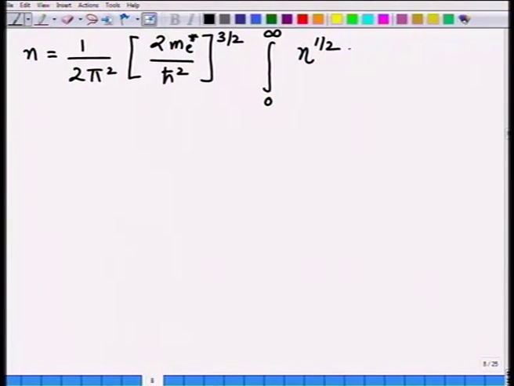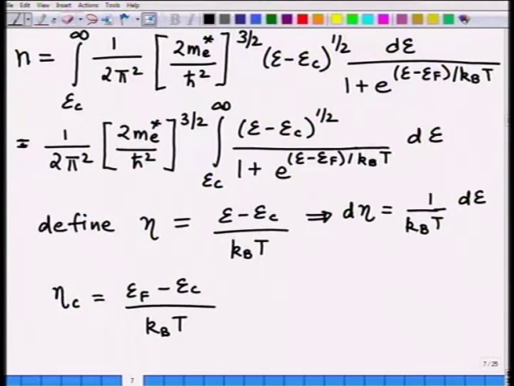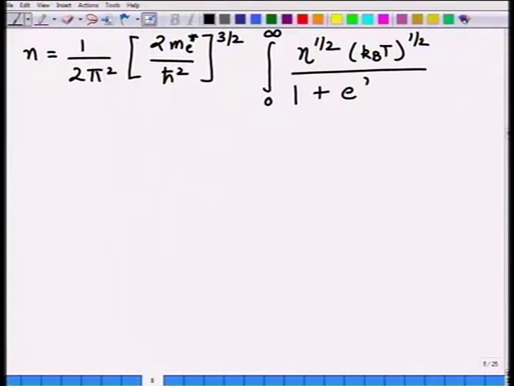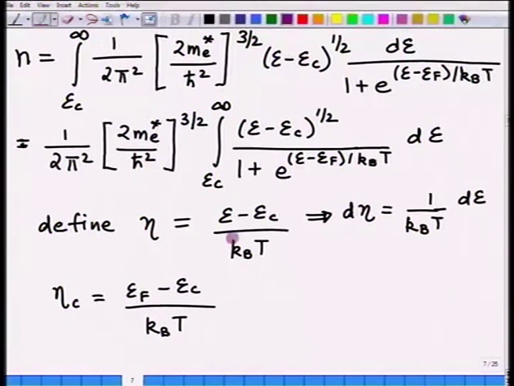So, I should also write KBT to power half divided by 1 plus, let us see what this quantity is, E minus EF by KBT. If you write this as e to power eta minus eta C, then we will see what happens. Eta minus eta C is essentially equal to E minus EF.